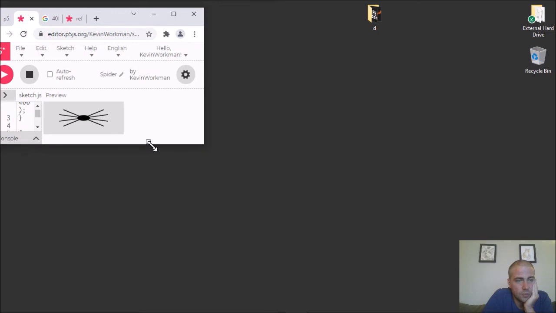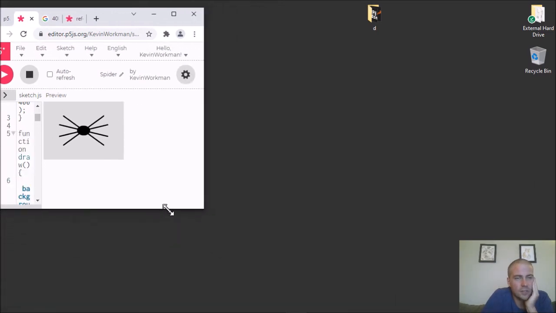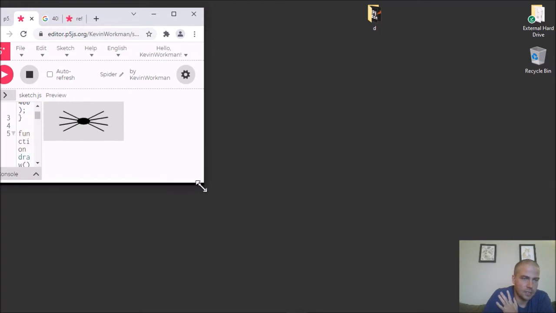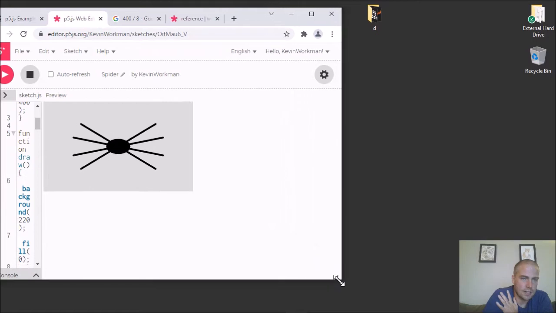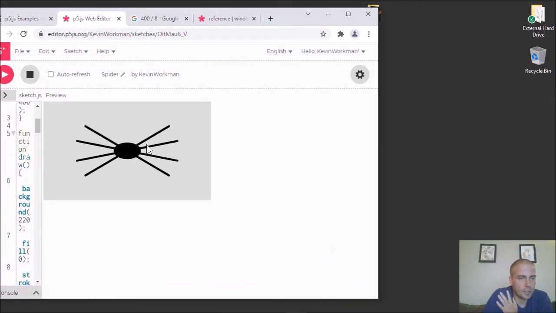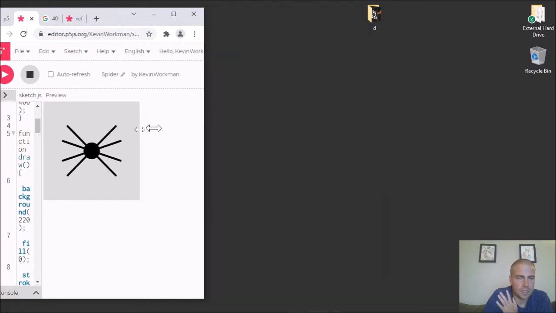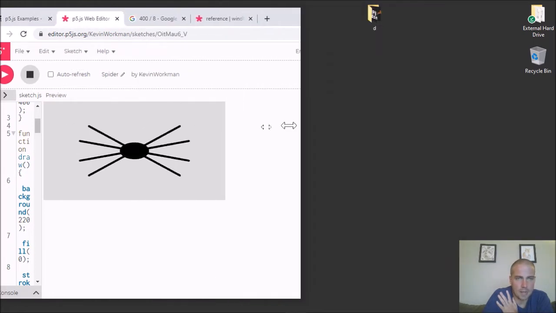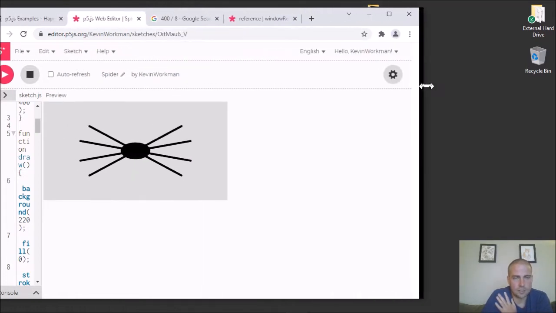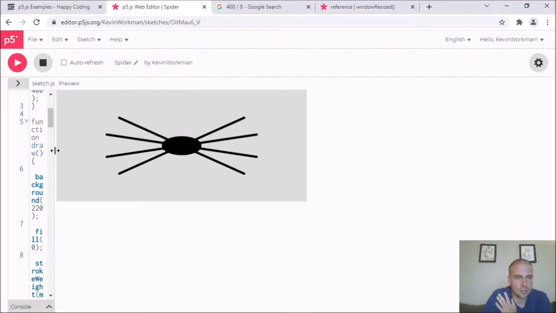Maybe you don't want it to be super noticeable. Yeah, okay, you can kind of see it. If I get it really scrunched up, you can see the lines are thin and my spider's squished. And if I make it quite a bit larger, there's a point where I start to notice the lines are getting thicker and my spider is scaling. So here's a way to test that my math is working and I'm using the width and height variables correctly with this windowResized function.